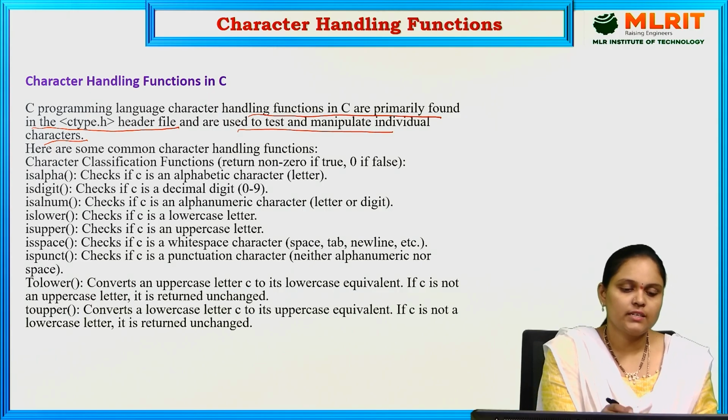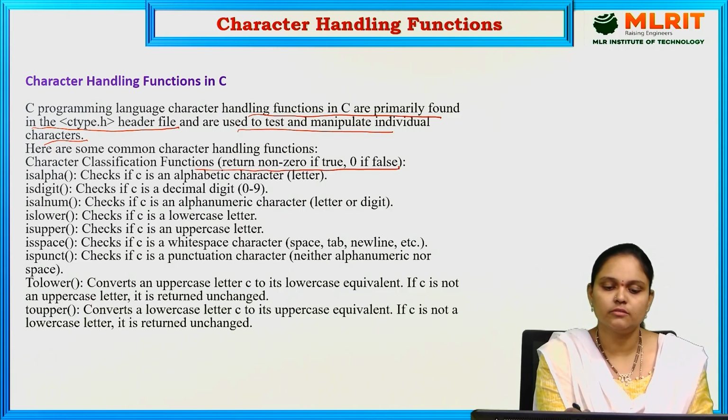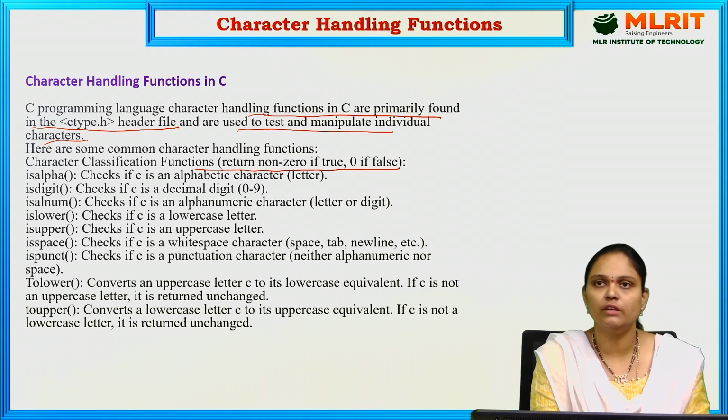Next, character classification functions return non-zero if it is true and 0 if it is false. Whatever character you pass to a character handling function, the function will check based on its type, and if it is true it will return non-zero, or else it will return 0.